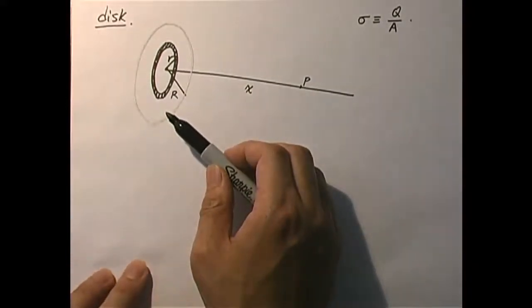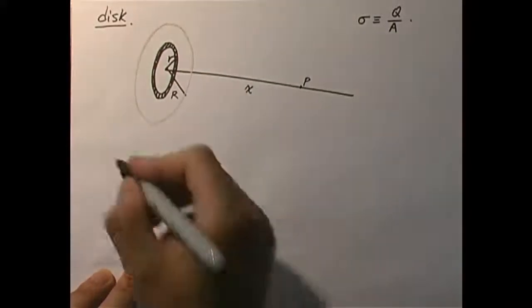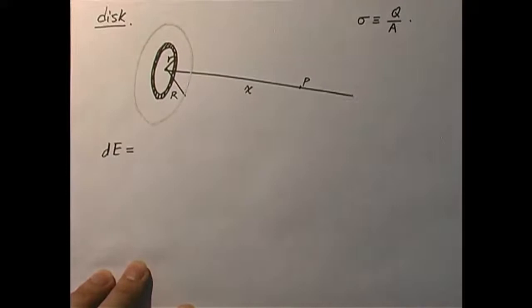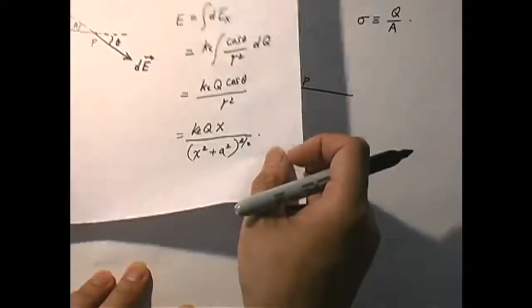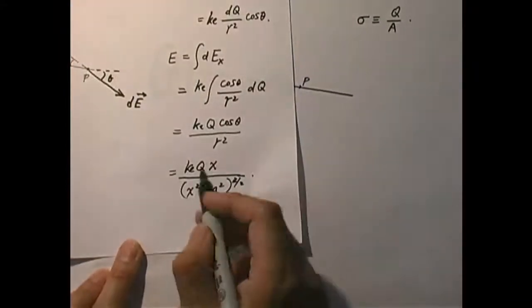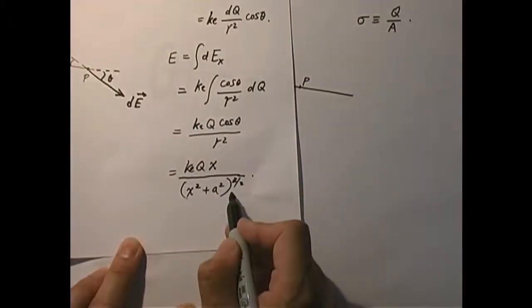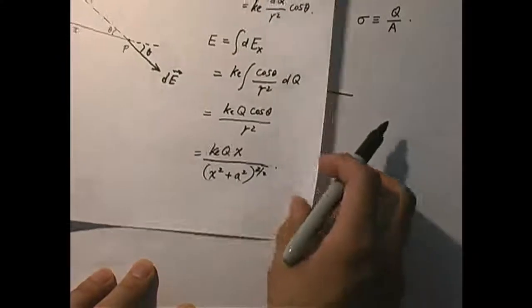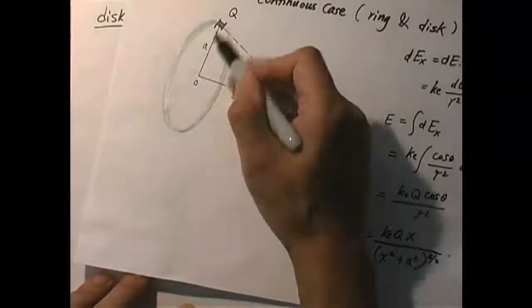Okay, so what is dE equal to? Let's copy from what we got before. So what was the result before? Okay, here, the previous page. It was equal to kqx over this, right? X is the distance between the center of the ring and point P. And what about a? A was the radius of the ring.